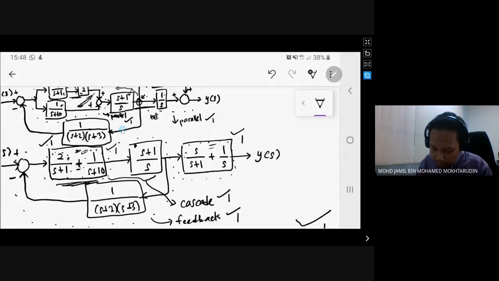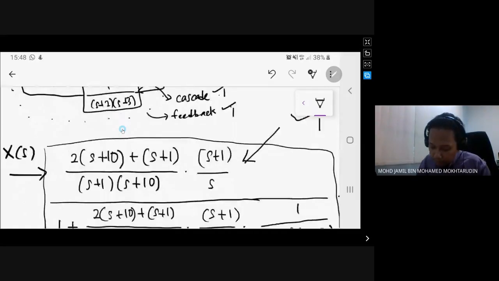And then the next step is you indicate this as cascade and then feedback with this. So if you say these two are cascade, you get 1 mark. And then you indicate that these three boxes are in feedback, you get 1 mark.